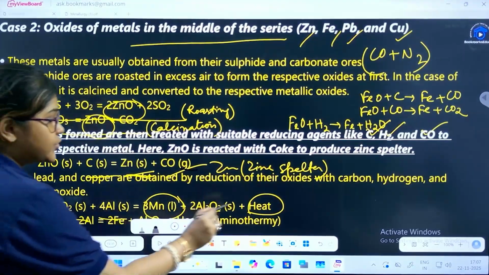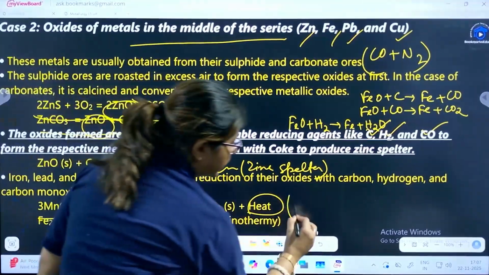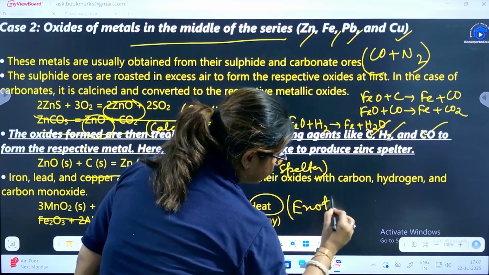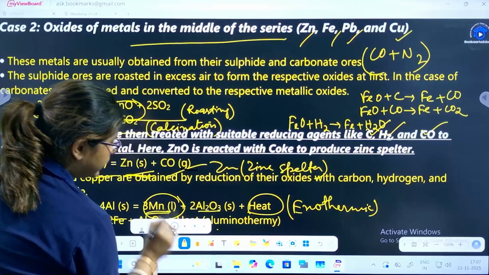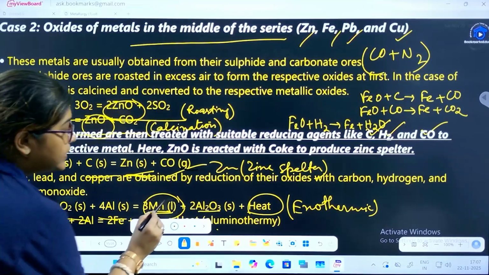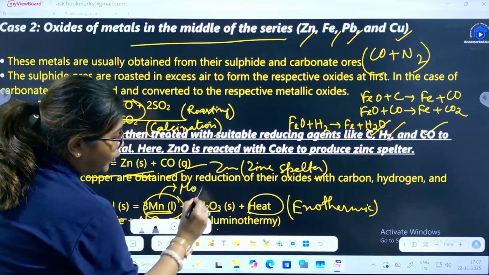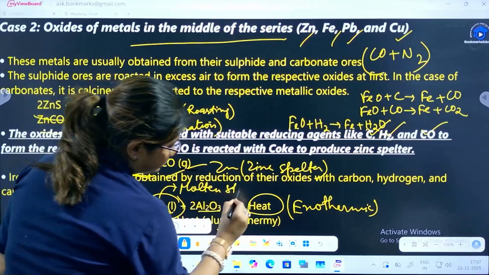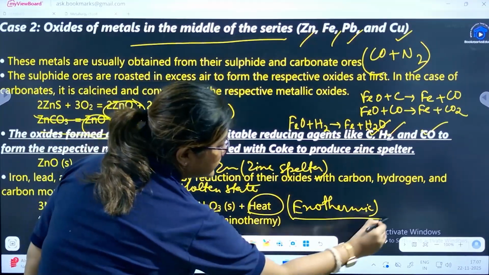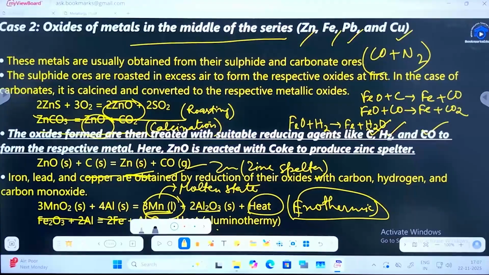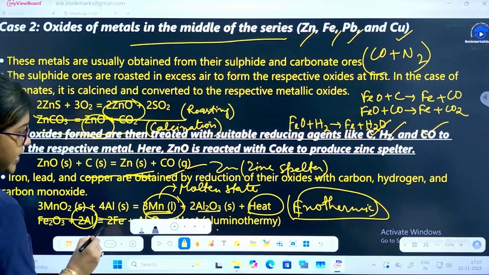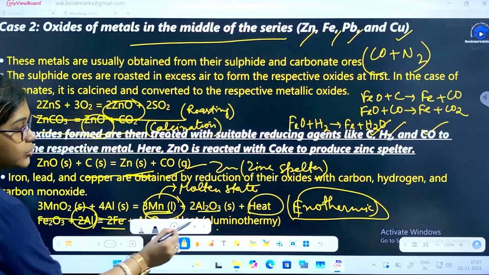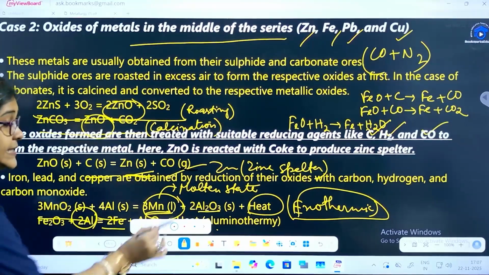An exothermic reaction takes place, and you get the metal in the liquid or molten state, because this is an exothermic reaction. Similarly, iron oxide when treated with aluminium will generate iron, Al2O3 and heat.